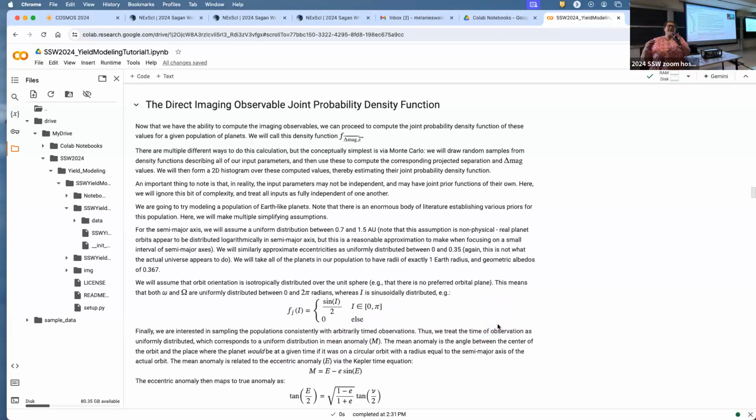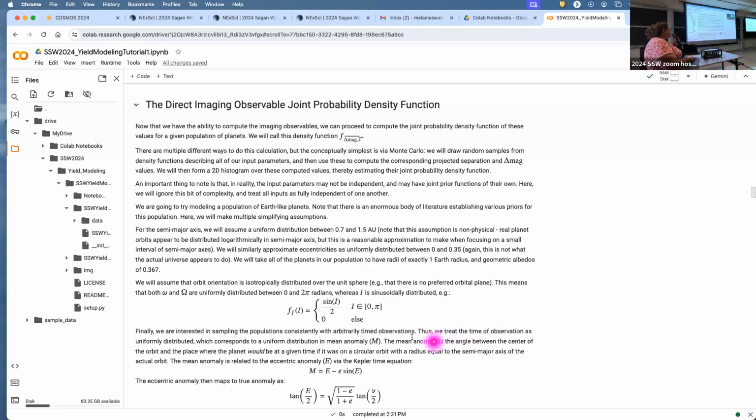We're also randomizing the time that we observe this population. Another way of saying that is that we treat the time of the observation as uniformly distributed. An implication of that is that the mean anomaly is going to have a uniform distribution. We're going to use capital M for that mean anomaly.